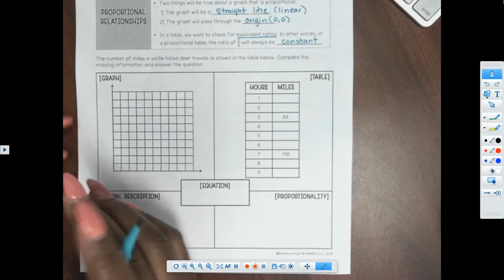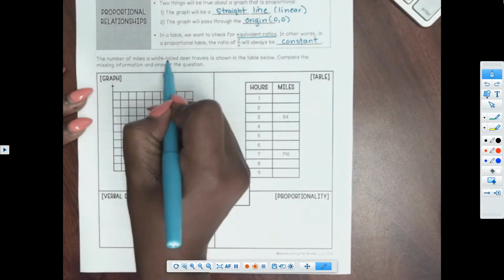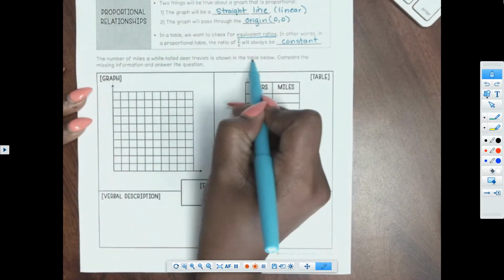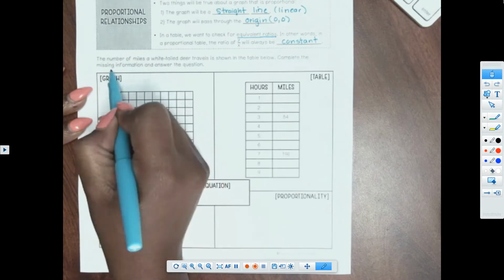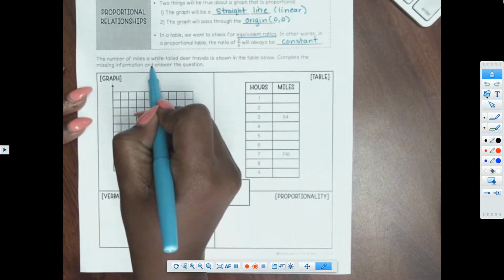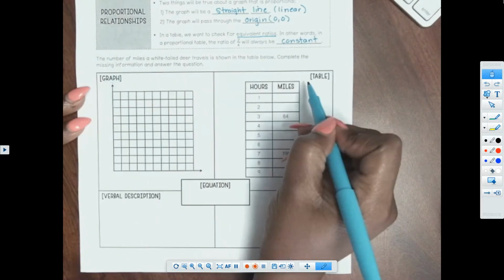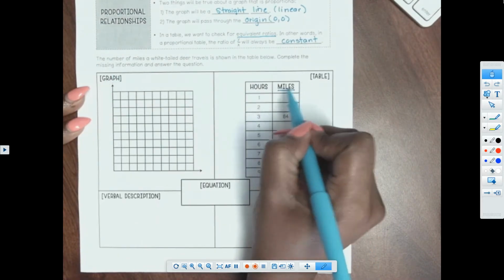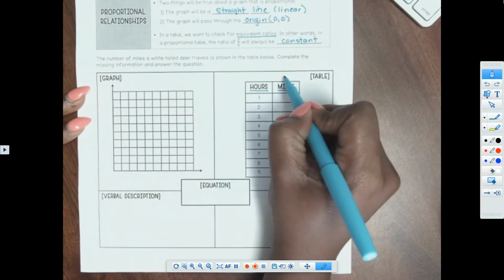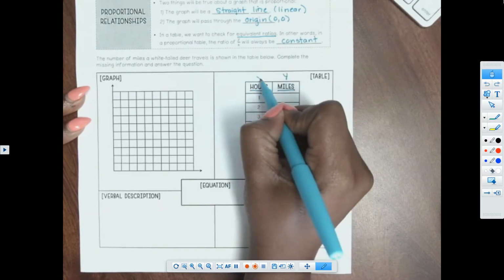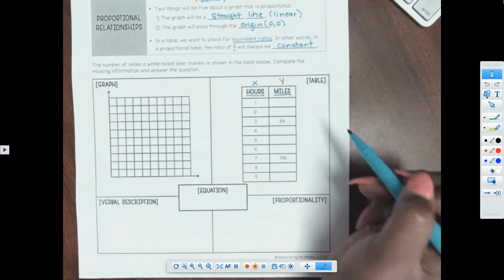Okay, so it says the number of miles a white-tailed deer travels is shown on the table below. Complete the missing information and answer the questions. So the number of miles is here and the number of hours. So this is y and this is x, because y depends on x.